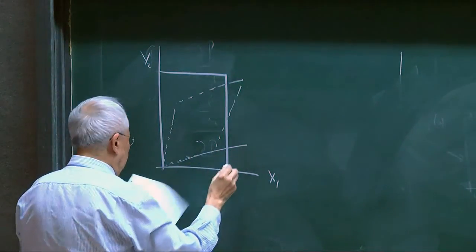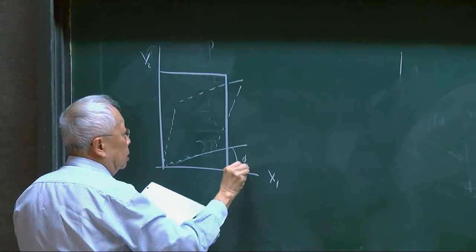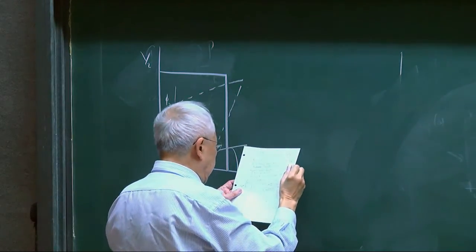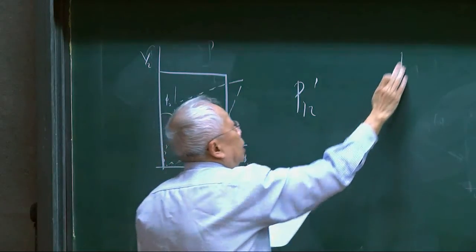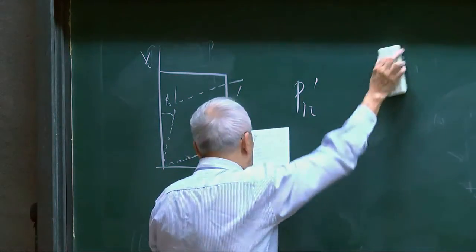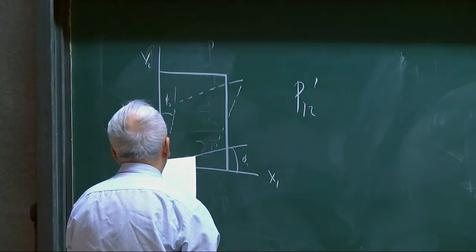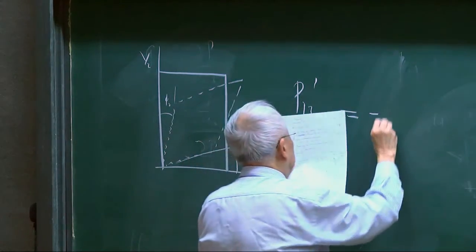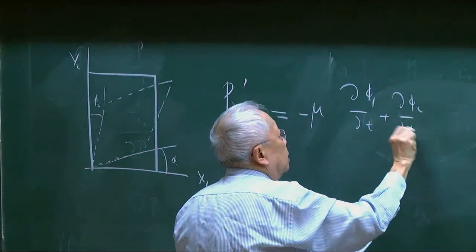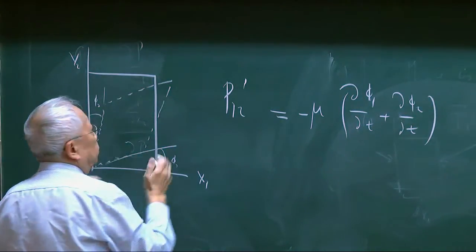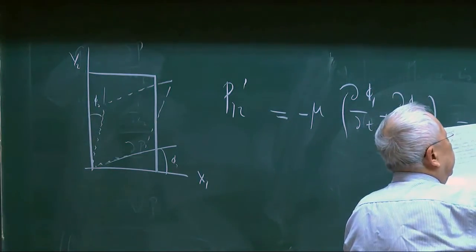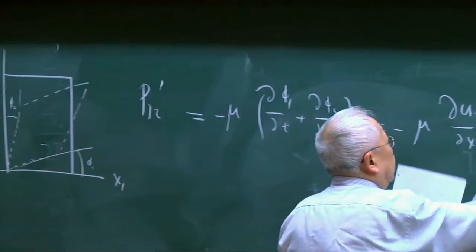And there are two angles. There's a phi 1 here. There's a phi 2 here. And there is P12 prime. There's a force along the x-axis due to the force from the phase 2. So this is actually equal to minus mu times d phi 1 dt plus d phi 2 dt. Because there are two deviations, you have to add them up. And this can be expressed as minus mu times du2 by dx1 plus du1 by dx2.